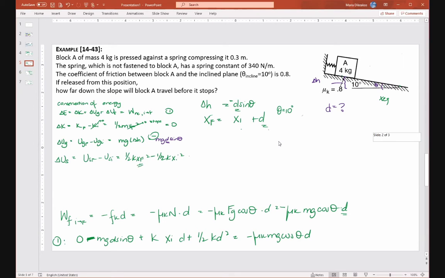This simply becomes 1/2 KX initial squared minus, specifically, and so this whole thing just becomes a simple minus 1/2 KX initial squared.